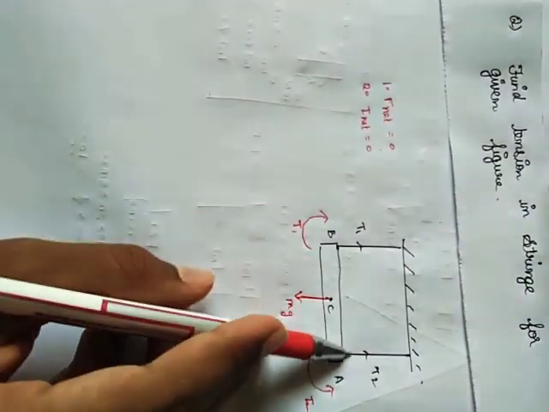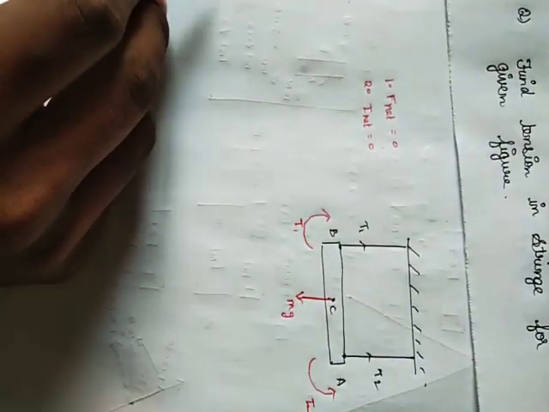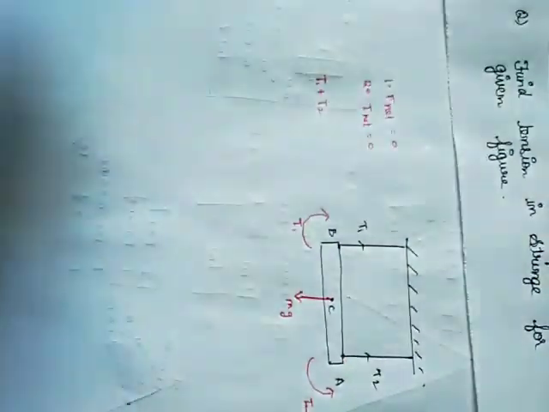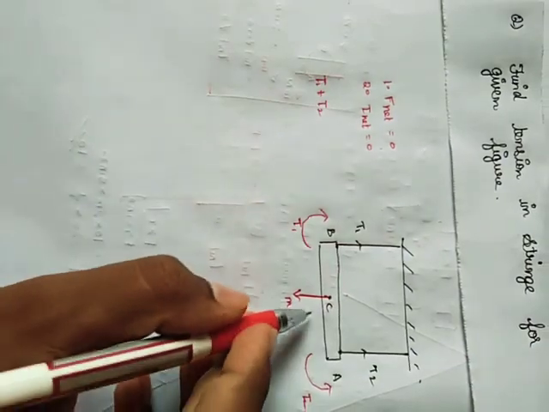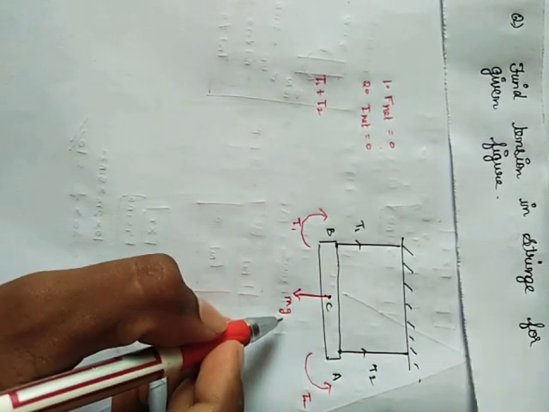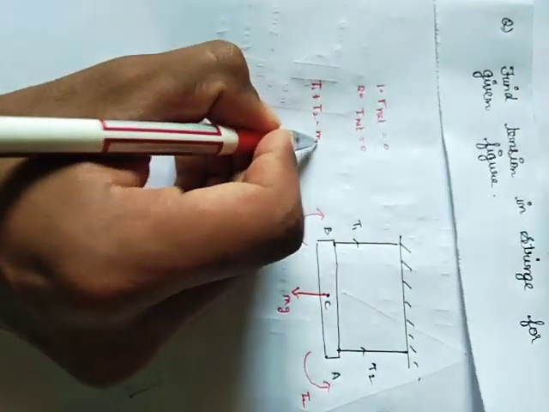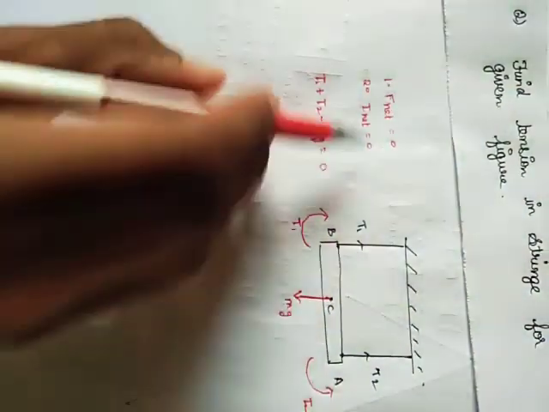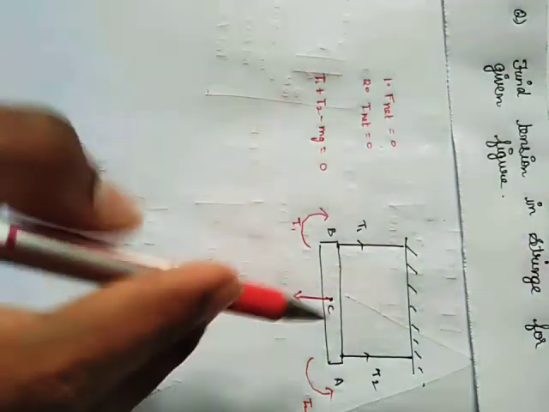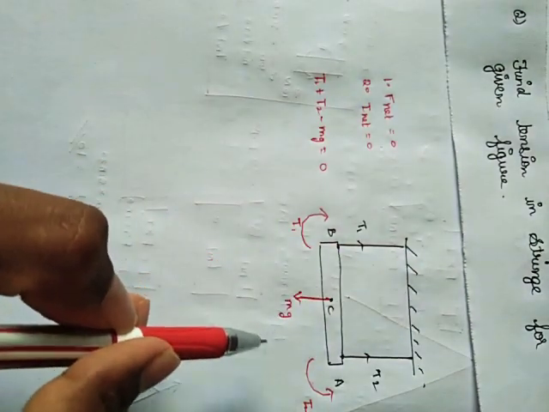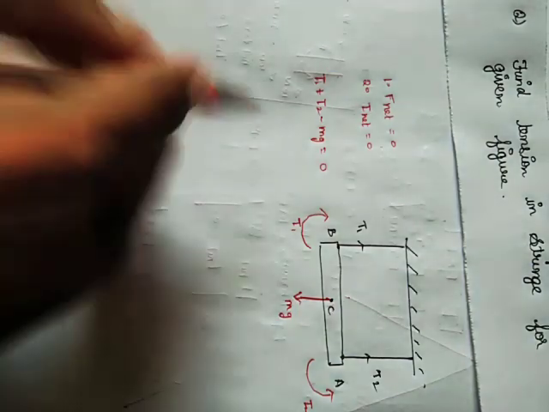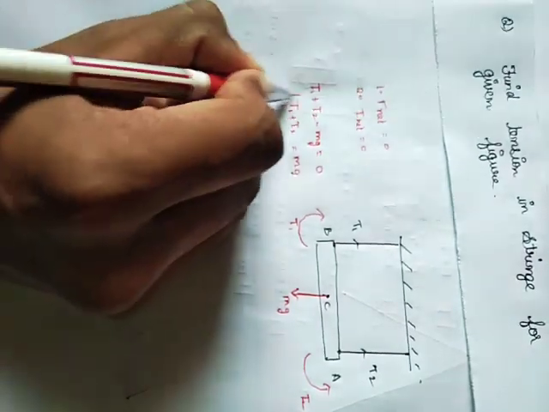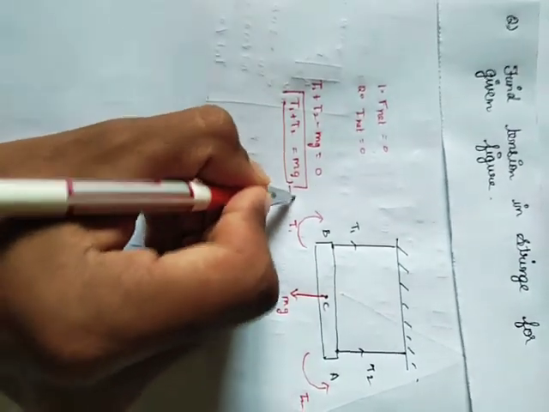These two tensions are acting in the upward direction, so T1 plus T2, and the gravitational force mg is acting in the downward direction, equal to 0 because F net is 0. So upward force minus downward force is definitely 0. So T1 plus T2 equals mg. This was my first equation.